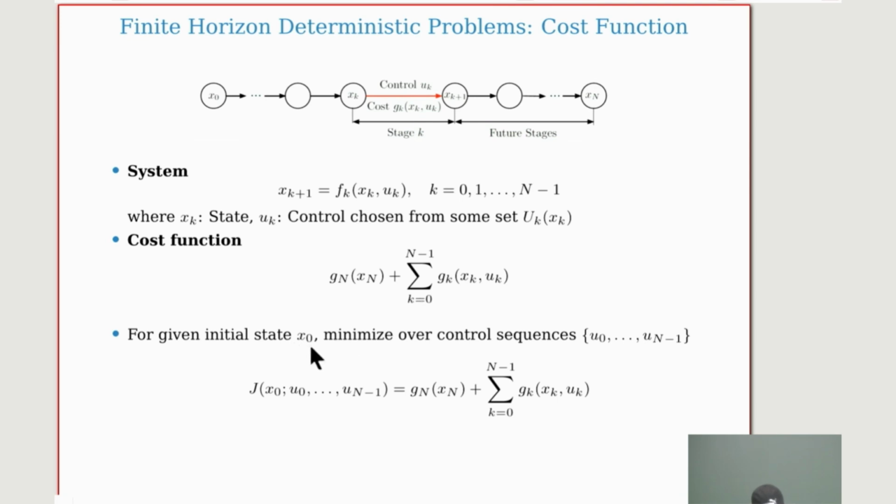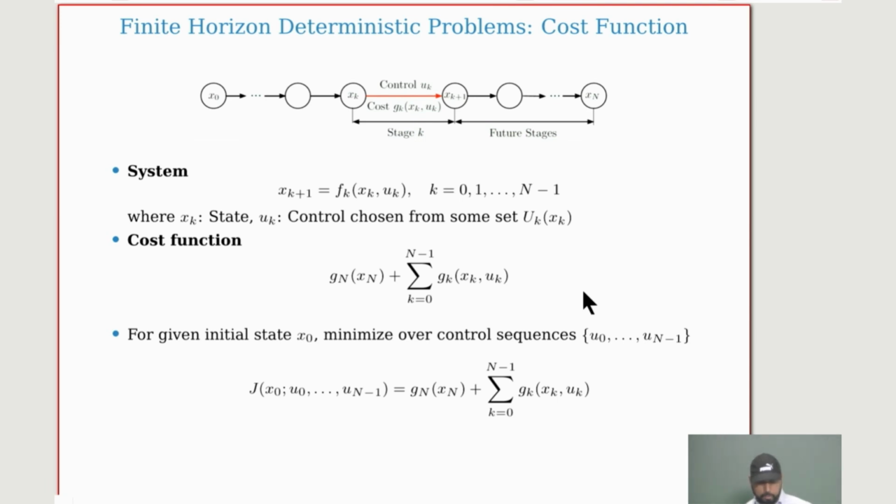So for a given initial state x naught, what we are supposed to do is to minimize this cost over control sequences u0 up to un minus 1. In this we have taken a set of controls starting from u1, then we took u2, then u3, and so on up to un minus 1. Obviously the cost depends on the controls that we took.